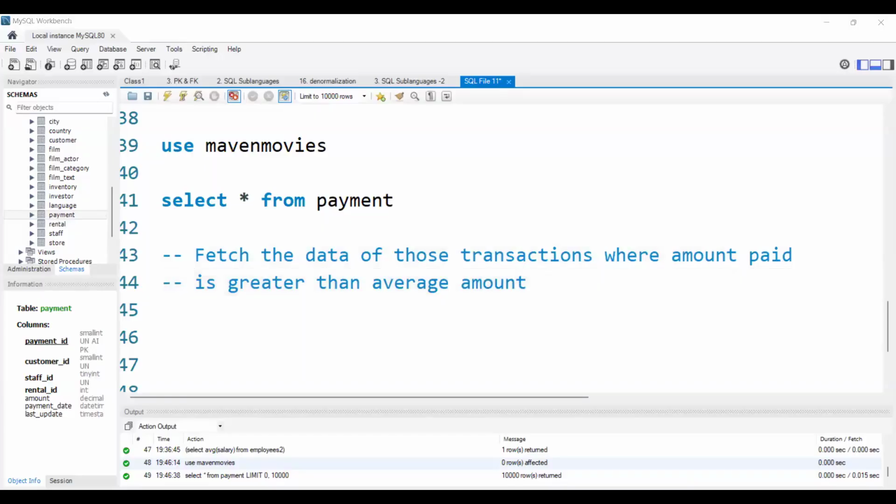Okay, I'm saying fetch the data of those transactions where amount paid is greater than average amount.